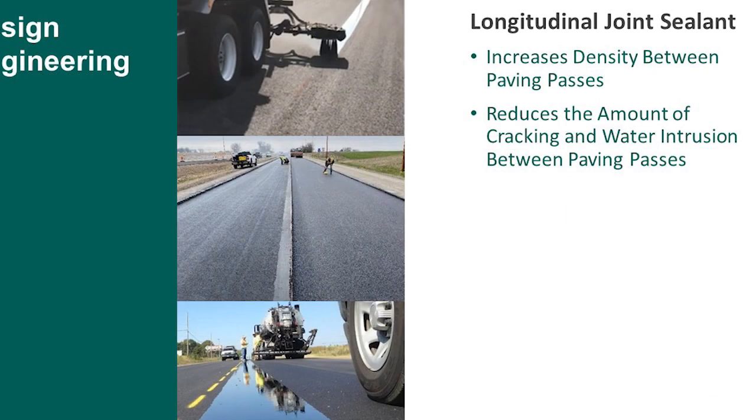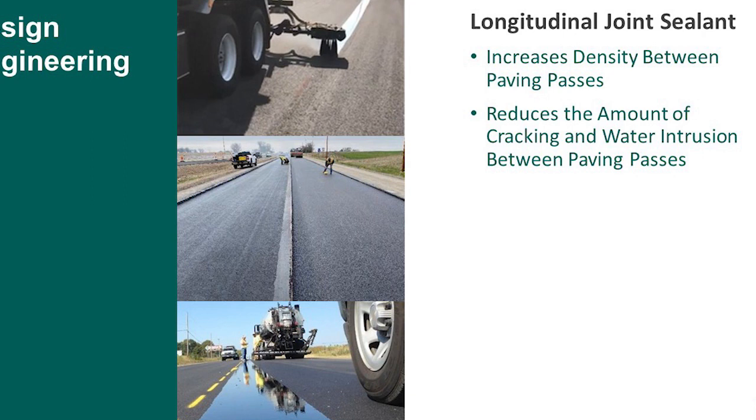Longitudinal joint sealant is something that's newer, but for most projects it's actually an IDOT standard now. It increases the density between paving passes. So wherever your paving joint is going to be, you put that down on the binder before you pave the surface. It helps to prevent water from seeping down, because that first crack down the middle is usually the first crack you see.